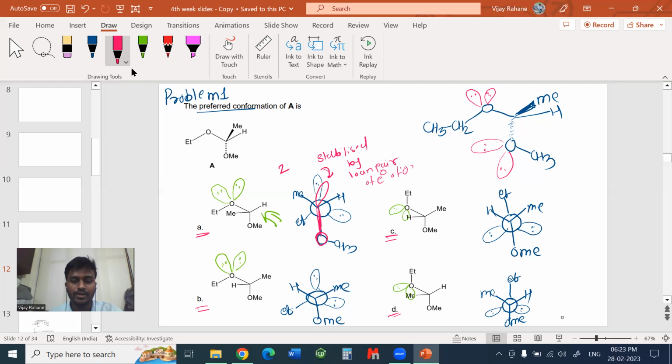Here, the lone pair of electrons present on this oxygen stabilizes the sigma star orbital of this bond, right? So in this one, there are fewer gauche interactions as well as the sigma star orbital which stabilizes this one.